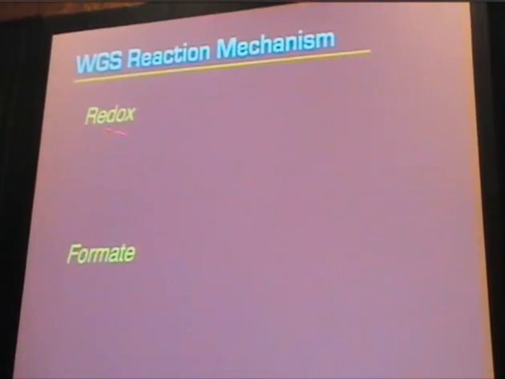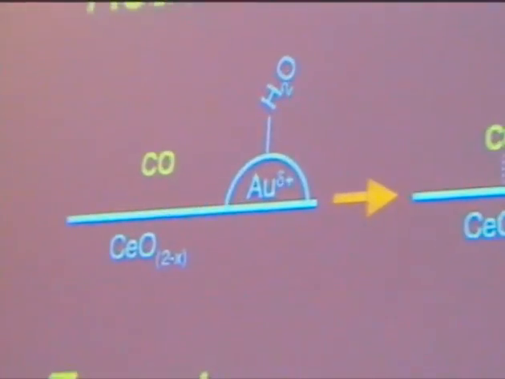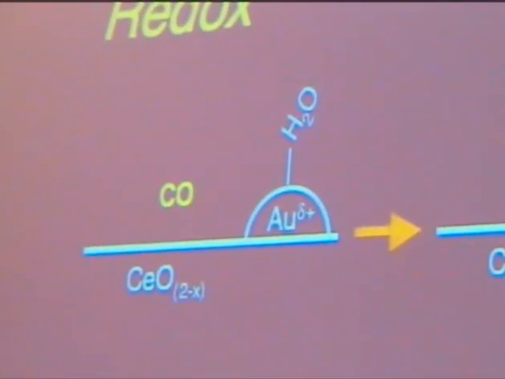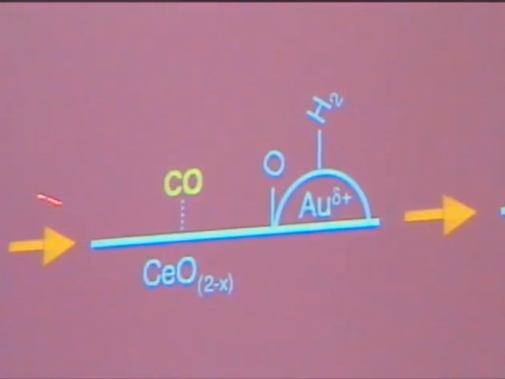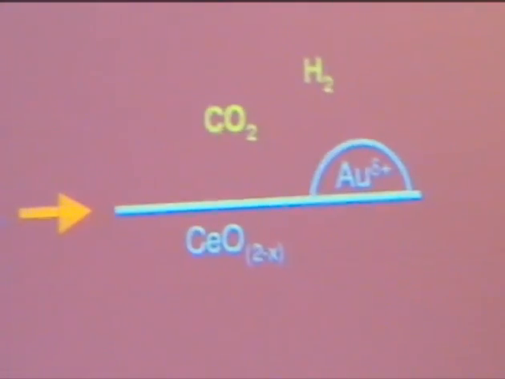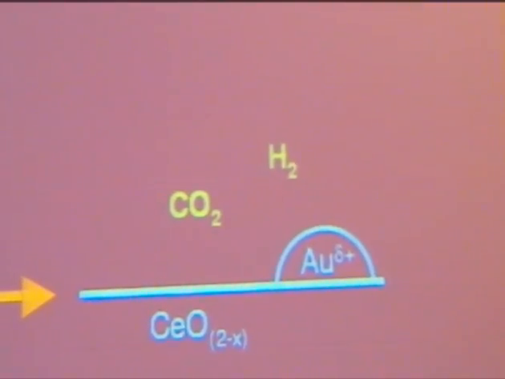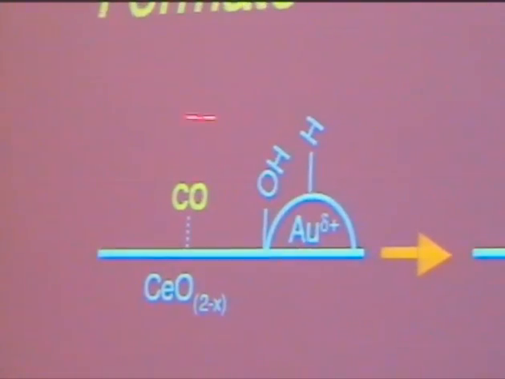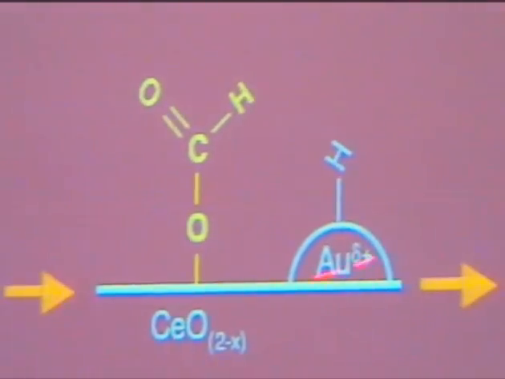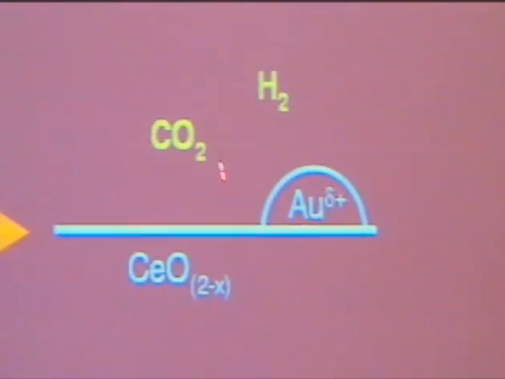In the redox mechanism, the water dissociates on the reduced catalyst into hydrogen and oxygen, and the adsorbed CO takes the dissociated oxygen to produce CO2 and hydrogen. In the case of the formate mechanism, the adsorbed CO takes the hydroxyl from the water to produce the formate, which is then decomposed to CO2 and hydrogen.